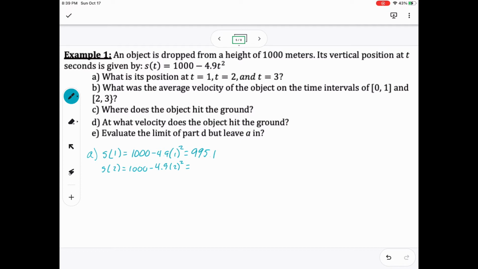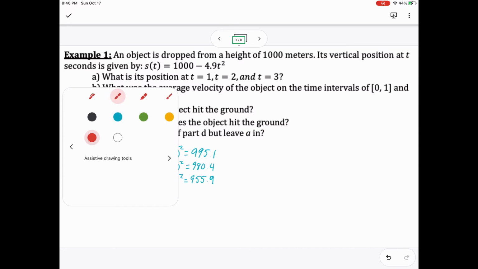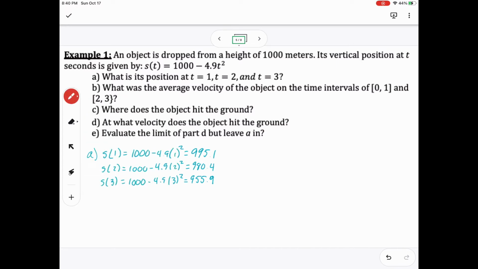I'm just plugging in the values at 1, 2, and 3 seconds for letter A. So at 1, it's going to be 995.1. At 2, it's 980.4. And at 3, it's 955.9. Okay. The next letter just wants us to be able to find the average velocity, so the ARC for these values.